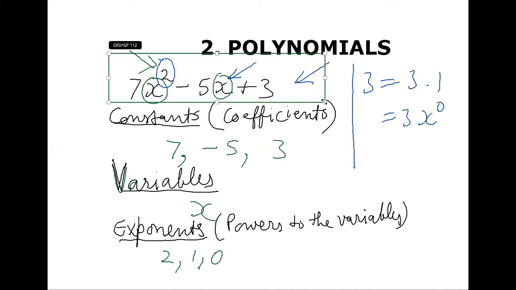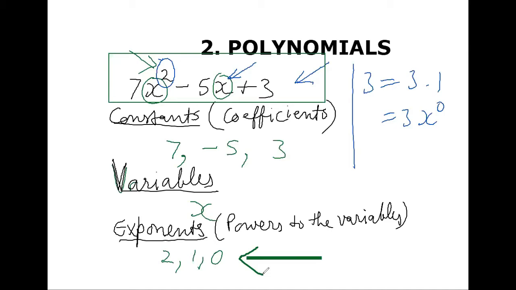See, for this we see the exponents. Come to the bottom here. Now, if the exponents are whole numbers, do you understand what are the whole numbers? Whole numbers are 0, 1, 2, 3, 4, 5, 6, 7.